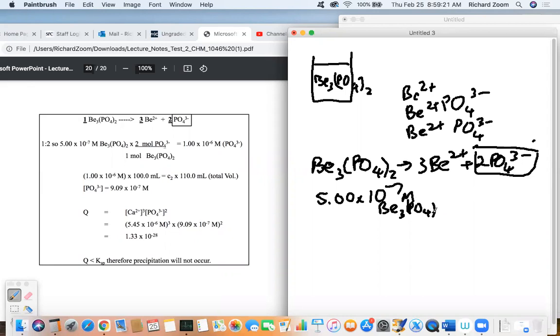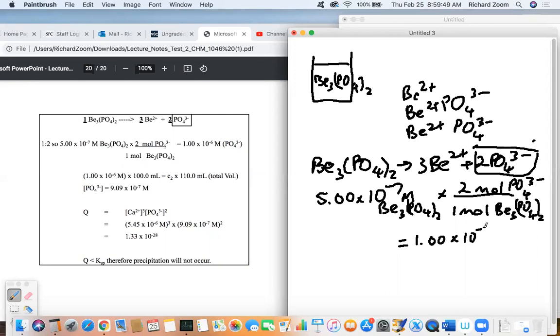And that's times 2 moles of phosphate per 1 mole of the Be3(PO4)2. And that would be 1.00 times 10 to the -6. And that's PO4 3 minus.